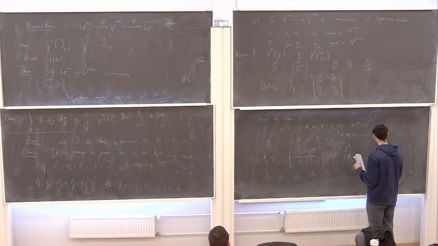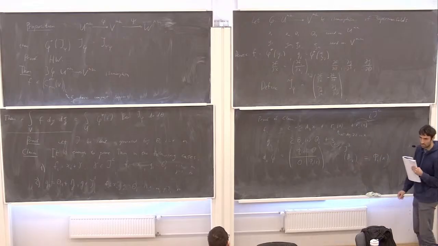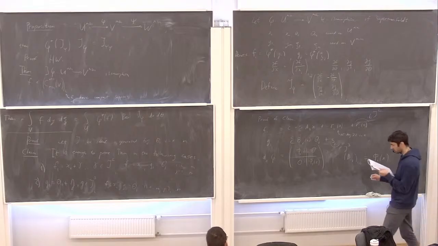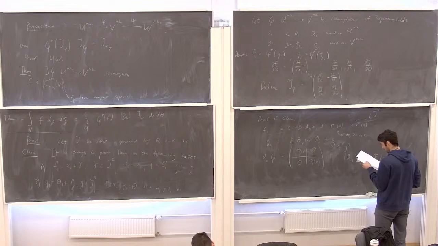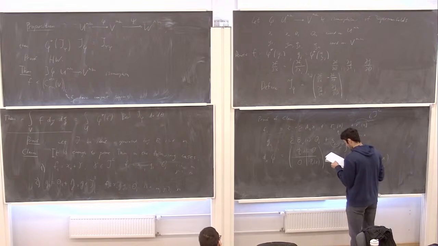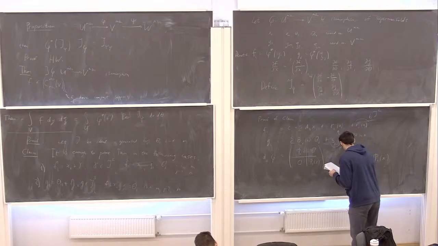It's phi_1 of x. And the matrix A, which is actually constant, A_ij.